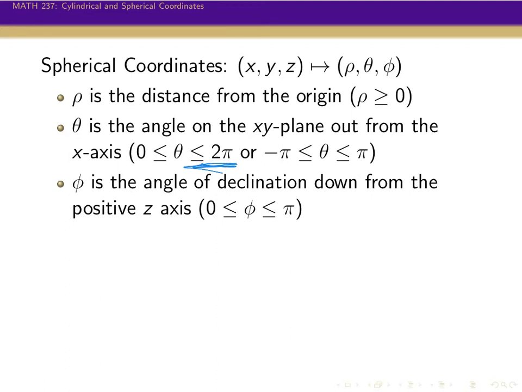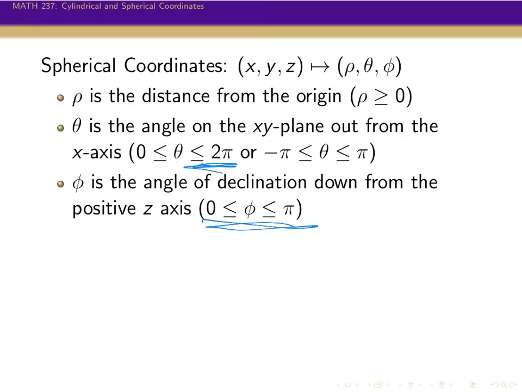the length of its interval is 2 pi. For phi, the length of its interval is only pi. Okay, and so it's a big difference between these two angles. Similarly, if you think about longitude and latitude on the globe, your longitudes go from essentially minus 180 degrees to 180 degrees, so 360 degrees.